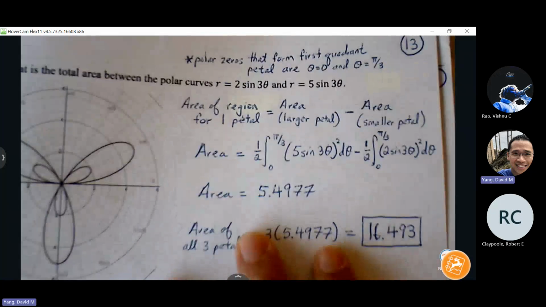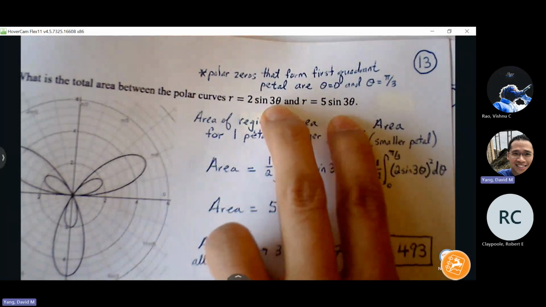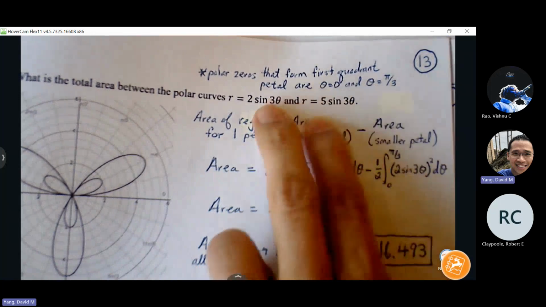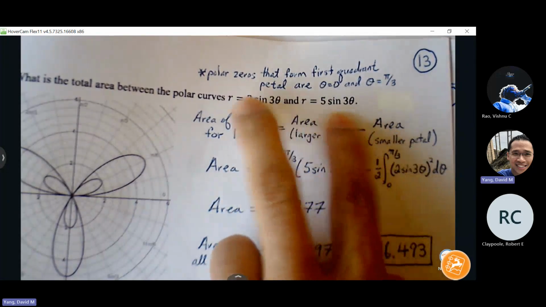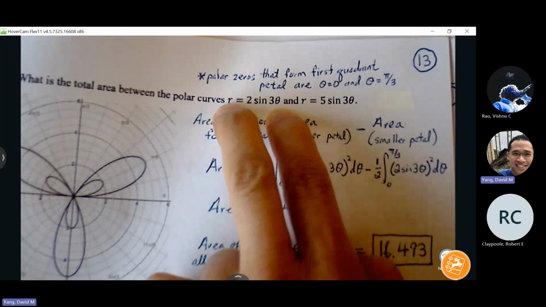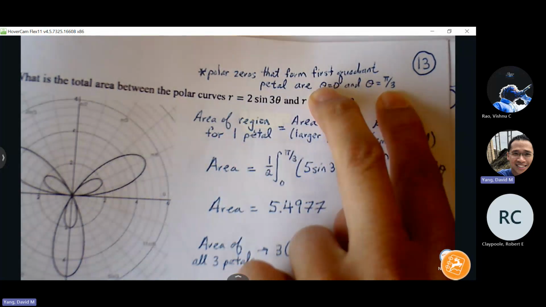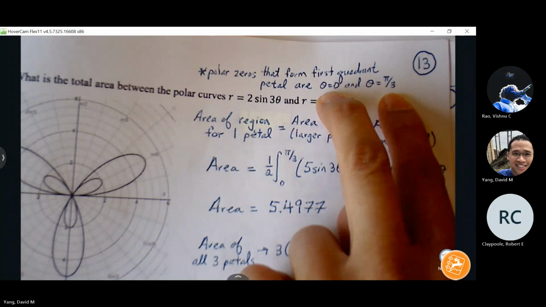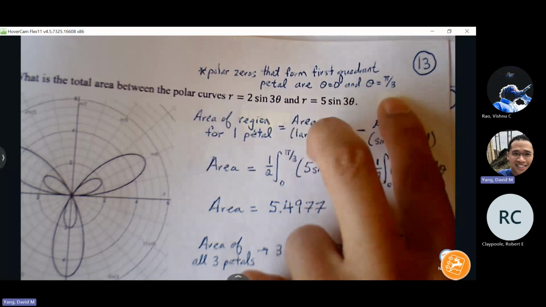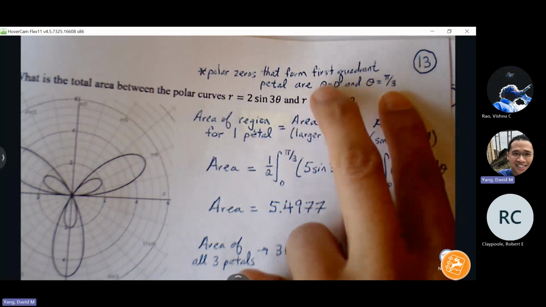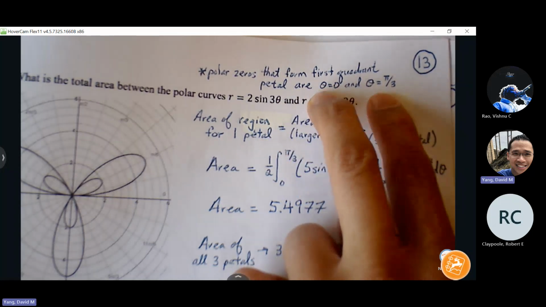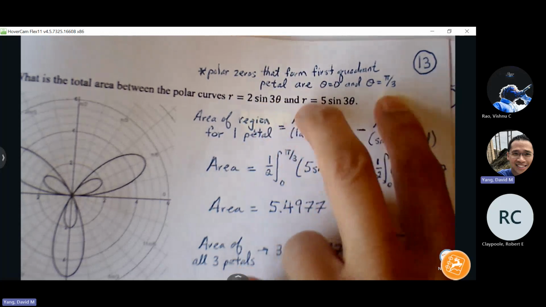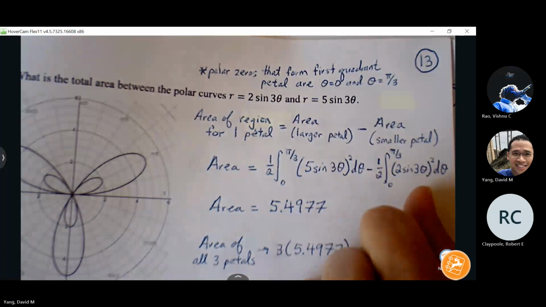If we have our graph drawn here, we know that the polar zeros that form the first quadrant are at 0 and pi over 3. I can set r equal to 0 and solve for theta. I'm going to get 0 and pi, and then 0 and pi times 1/3 becomes 0 and pi over 3.